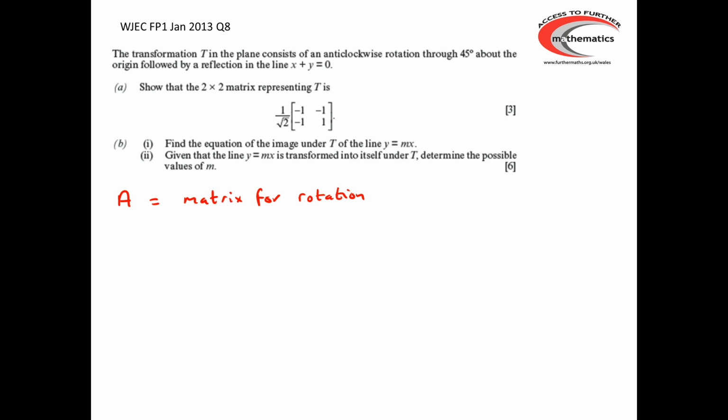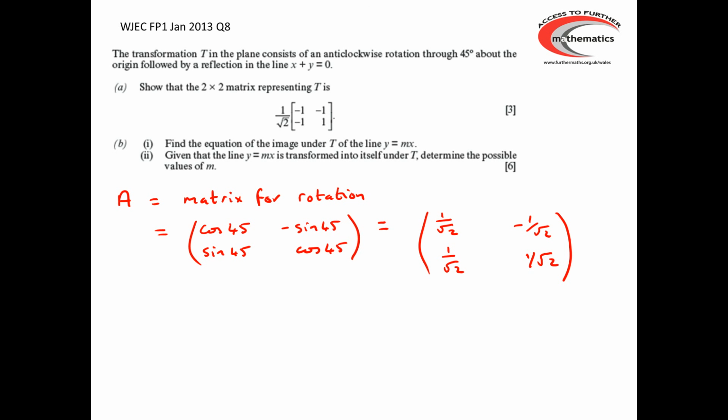So, if A is the matrix for a rotation of 45 degrees anti-clockwise about the origin, then using the result in the formula booklet, we can say that A must be cos 45, minus sin 45, sin 45, cos 45, and we should know that cos 45 and sin 45 are both equal to 1 over root 2.